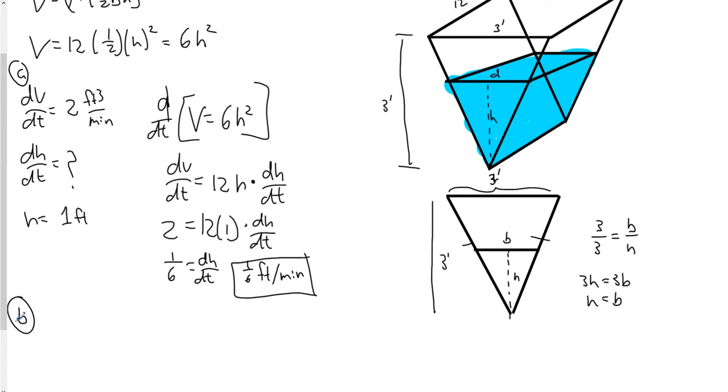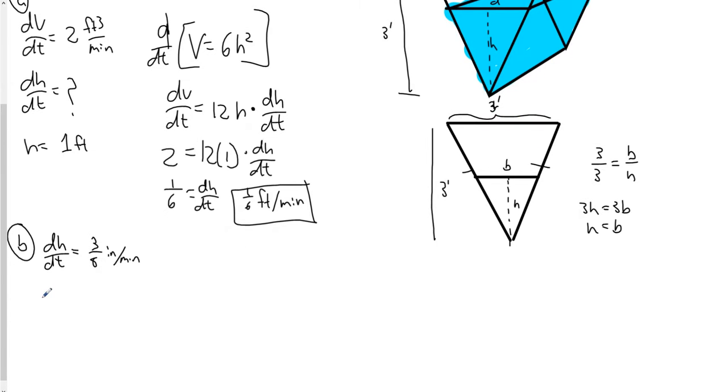Part B says if the water is rising at a rate of 3/8 of an inch per minute when h equals 2 feet, determine the rate at which the water is being pumped into the trough. So in this particular instance, they say the change in h over t is 3/8 inch per minute.